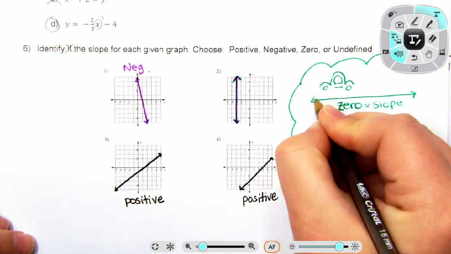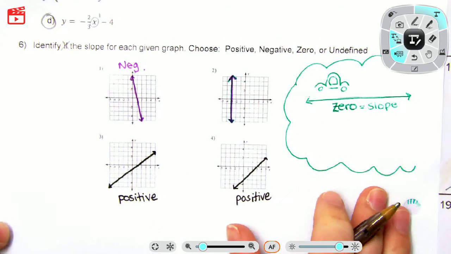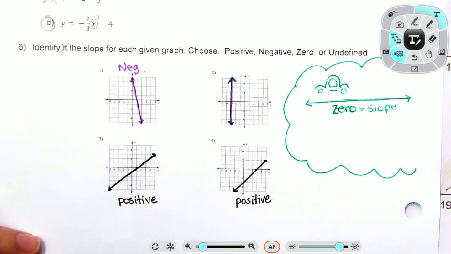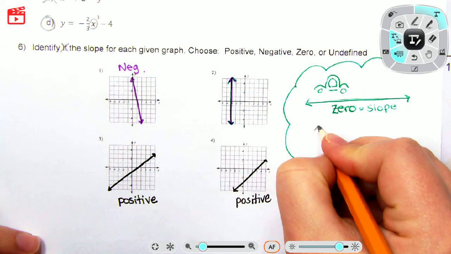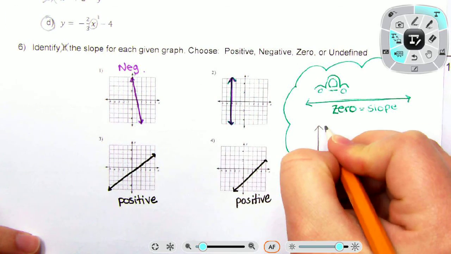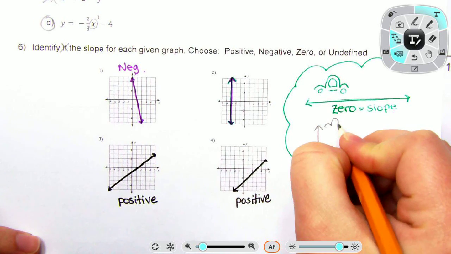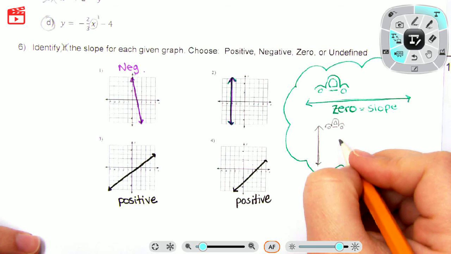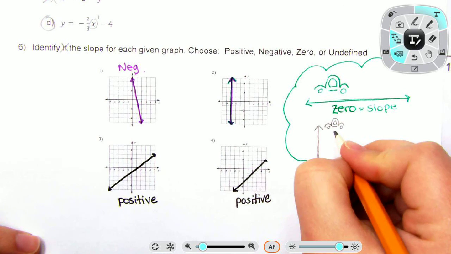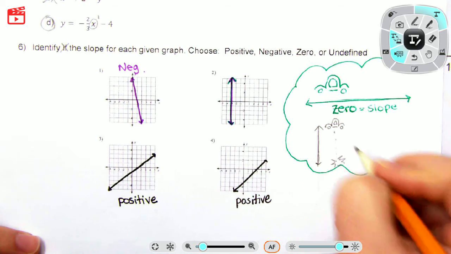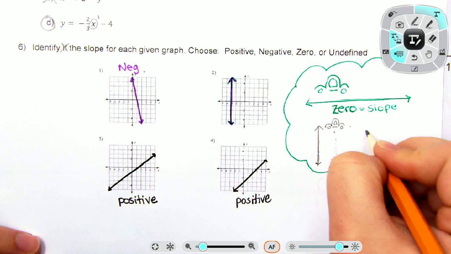You have a line that is horizontal. Now, what about if you had a car on a vertical road? Here's your car on your vertical road. What would happen? Well, this is your car saying goodbye, right? This is your car falling down a hill.